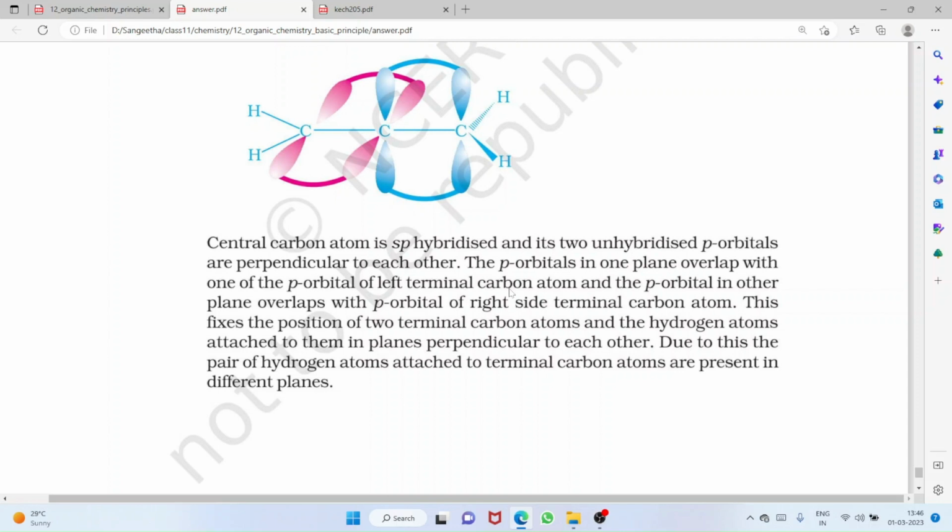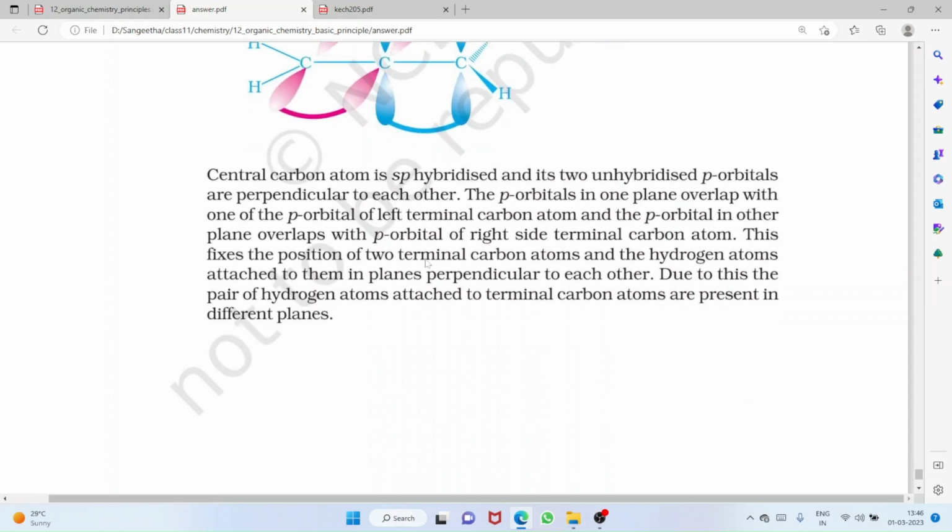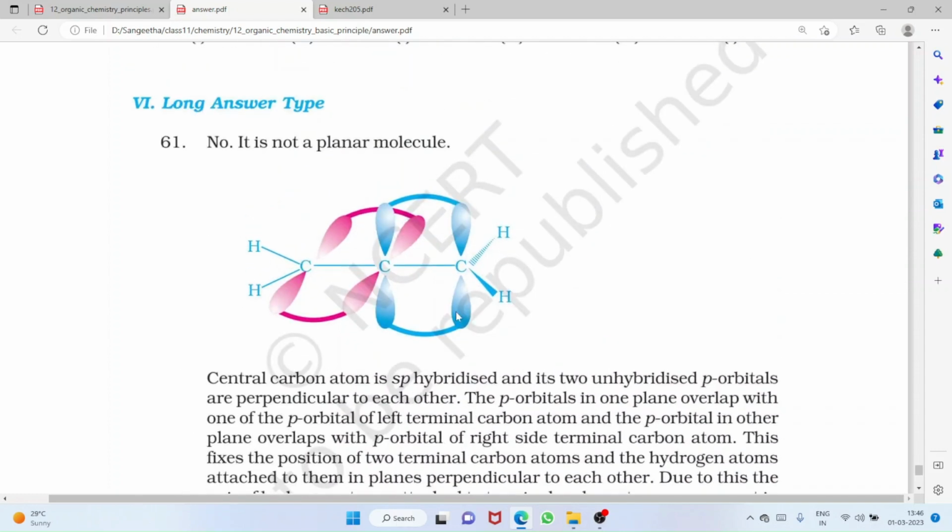The p orbital in one plane overlaps with the p orbital of the left terminal carbon atom, and the p orbital in the other plane overlaps with that of the right terminal carbon atom. The two terminal carbon atoms and the hydrogen atoms attached to them lie in planes perpendicular to each other, so the hydrogen atoms on the terminal carbons are present in different planes. So this central carbon is sp and the terminal carbons are sp2.